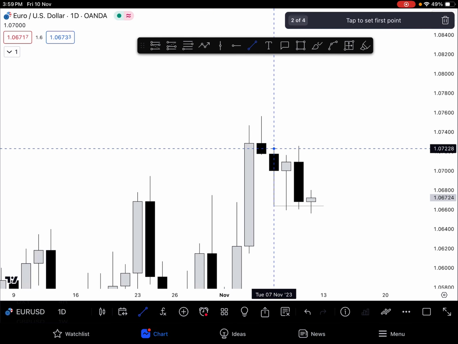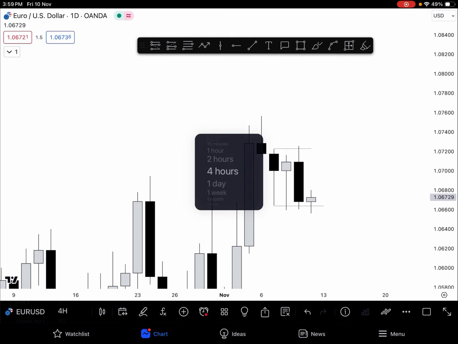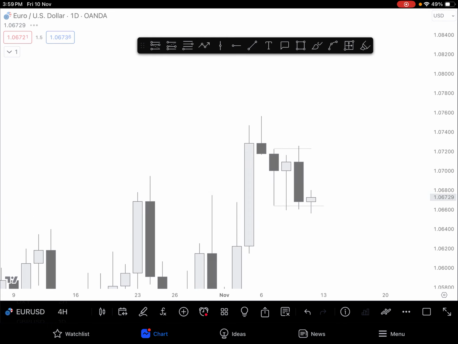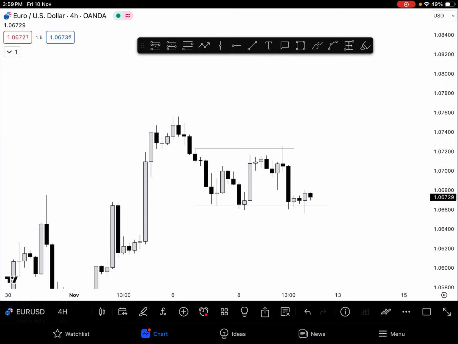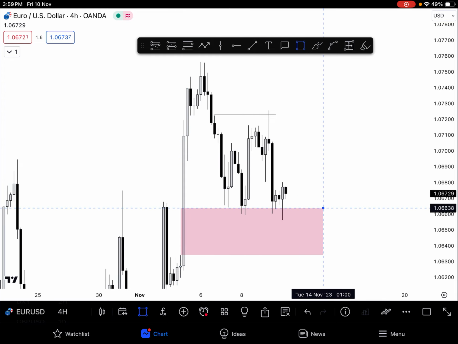And I was targeting this high, which is our Tuesday high. Now let's go to the 4-hour time frame where our picture will become very clear to you. What did I see? We have an imbalance right below it.